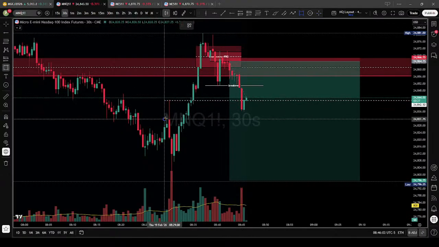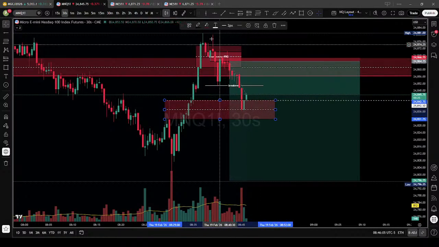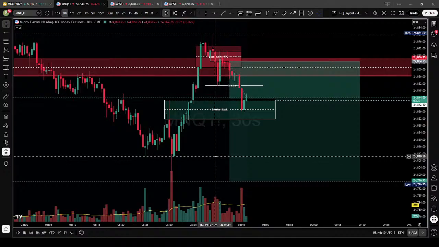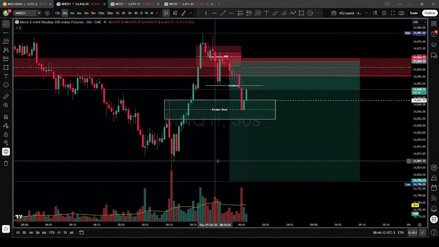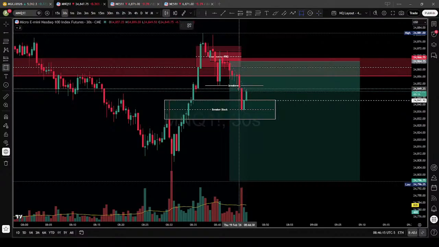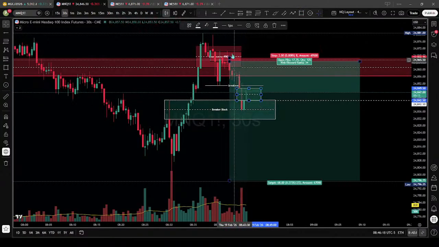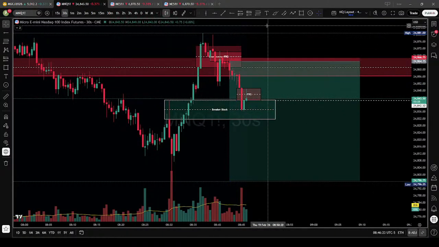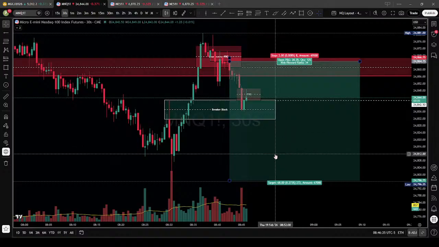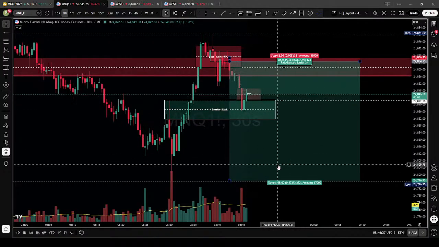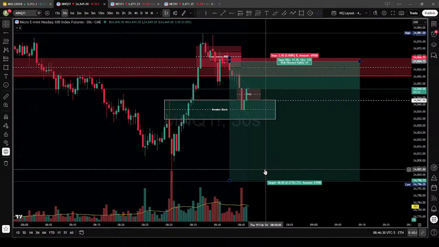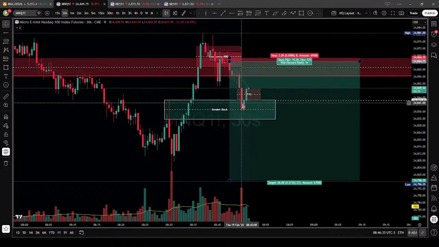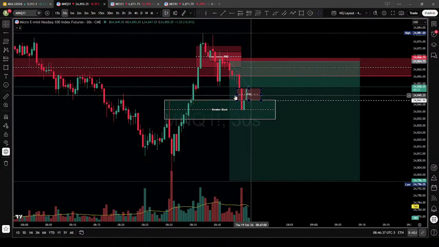If you see on a 30-second time frame, this will become a breaker block. Now there is this bearish fair value gap. If the price closes higher, it can inverse. Hence I exited the position here. It was a small scalp.